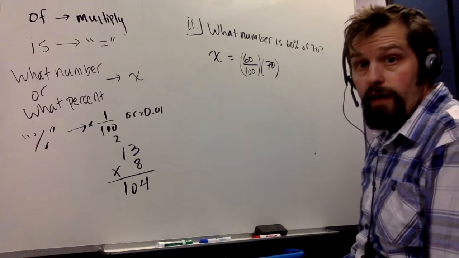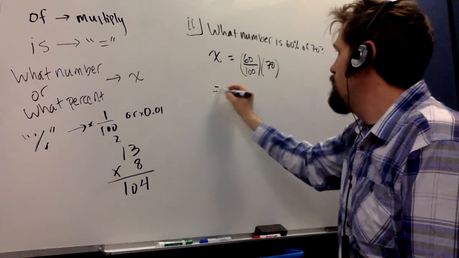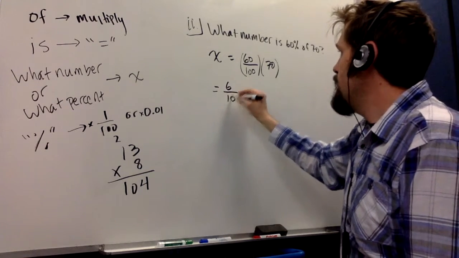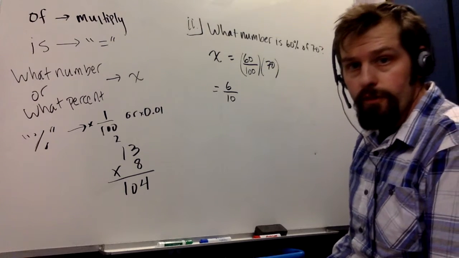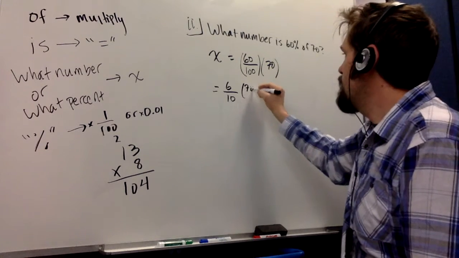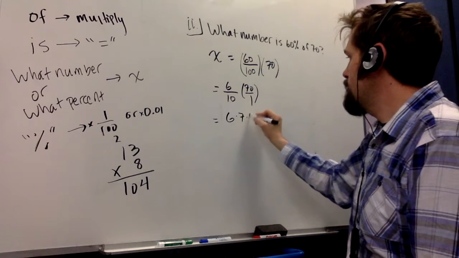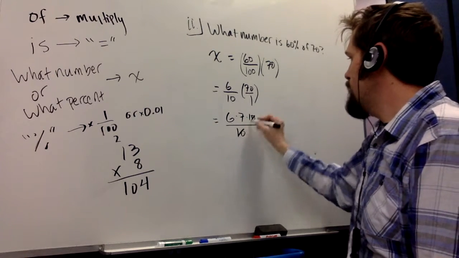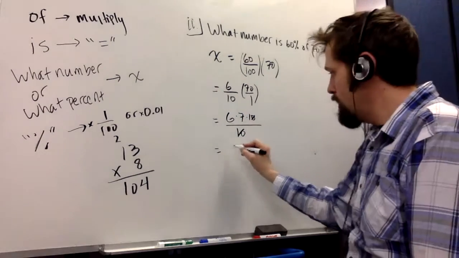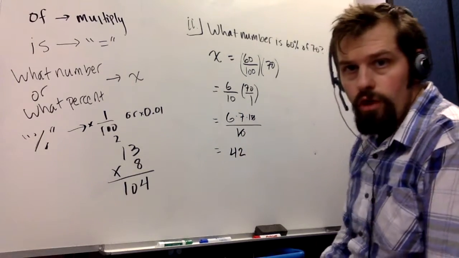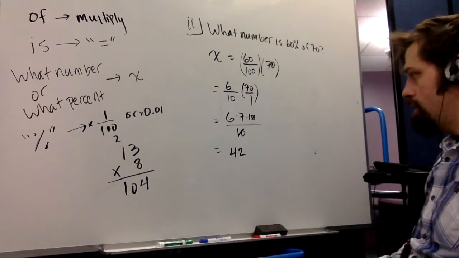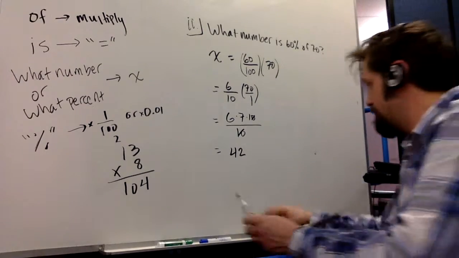And so I have x. I just have to write this in simplest form. 60 over 100 is the same as 6 over 10, times 70 over 1, if you like. 6 times 7 times 10 over 10, 6 times 7 is 42. So what number is 60% of 70? That number, 42.